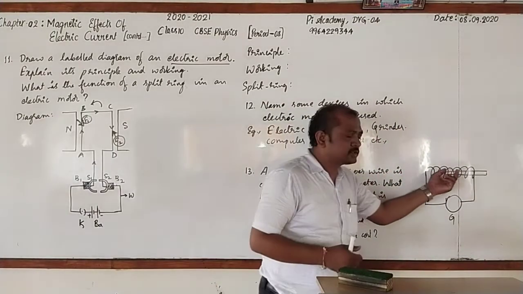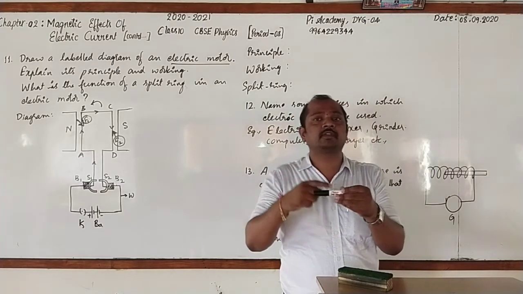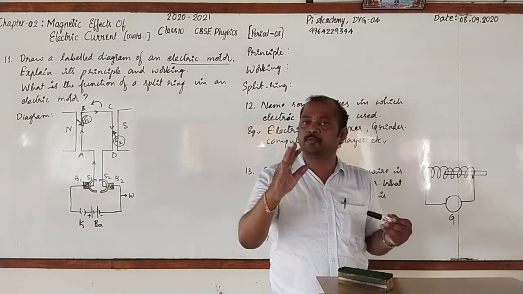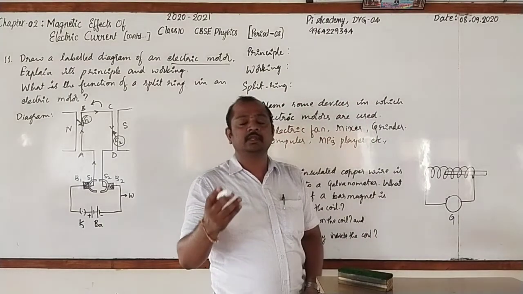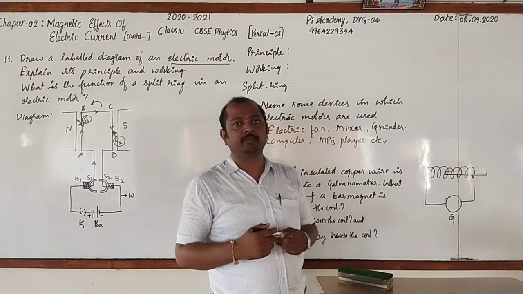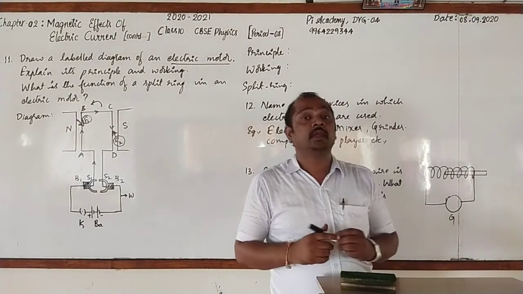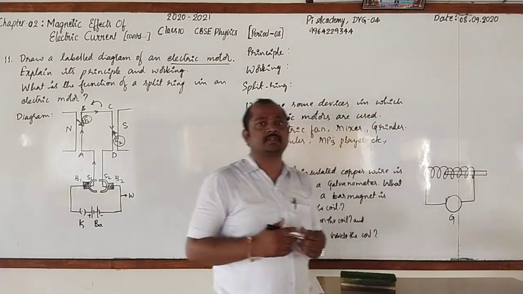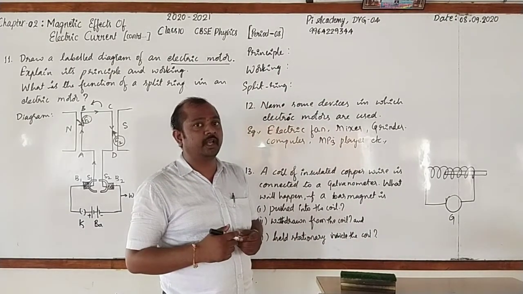Yes. Dear students, we all know that around the bar magnet there is a region where the magnetic force is present and the magnetic effect is felt. What is it? Yes, magnetic field. And is it possible to see the magnetic field? No. Hence, they are represented with a set of lines, and these lines are called magnetic field lines.